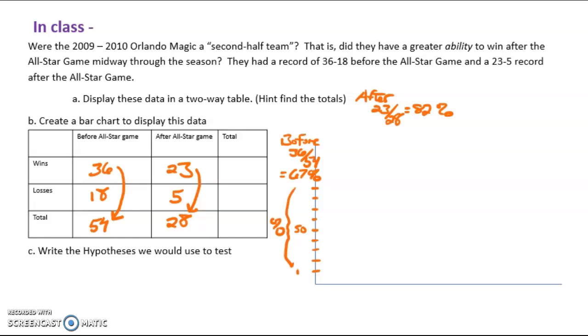All right, and down here we're going to put before and after. There's two categories. All right, so before they had a 67% chance, which is probably going to put it right in there. 67%. And then after it was a nice 82, which is going to be way up here.